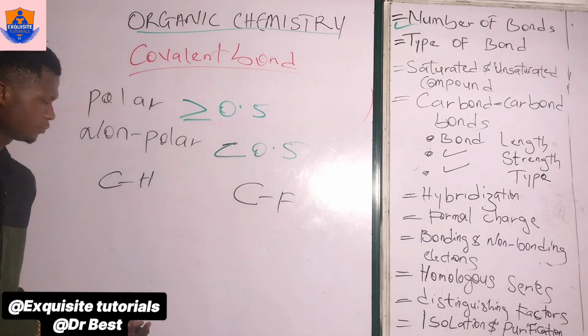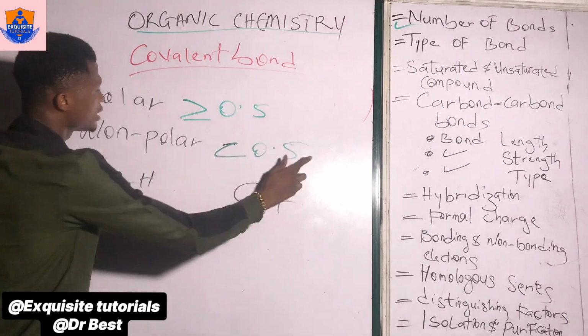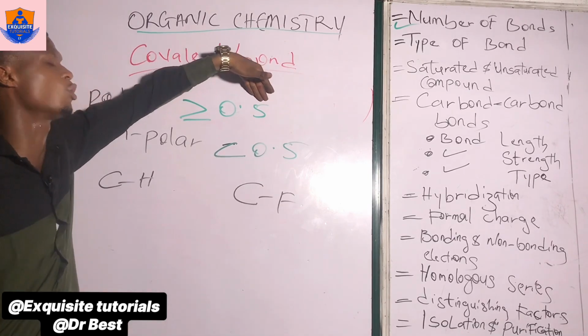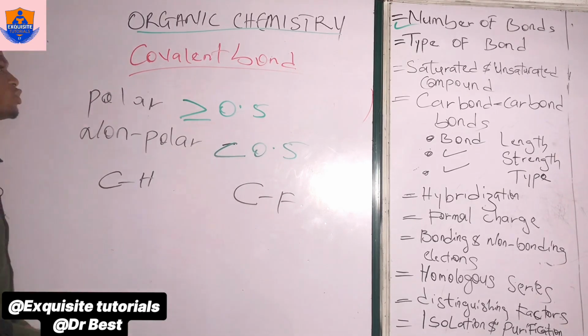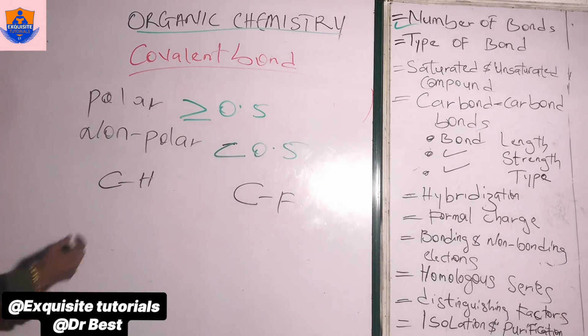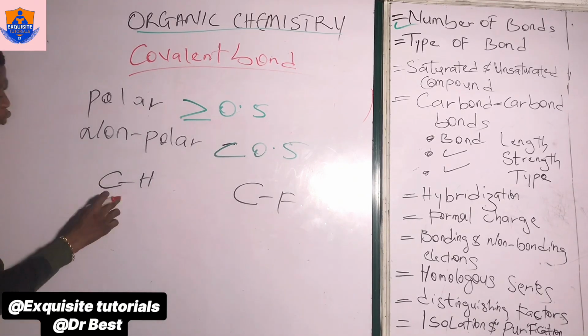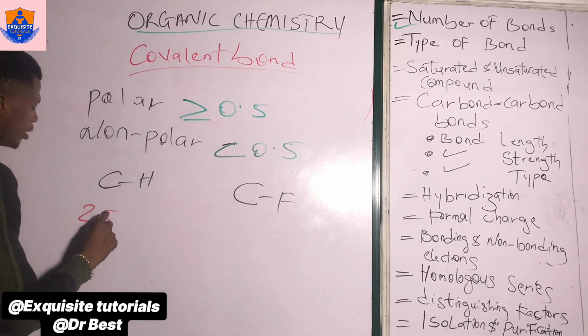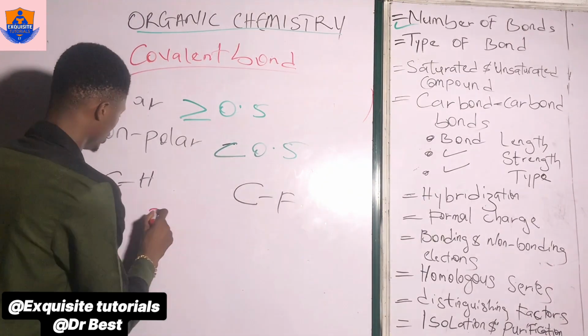Now, with the knowledge of this electronegativity difference being greater than or equal to 0.5 or less than 0.5, you should be able to tell me which is polar and which is non-polar. Now let's look at this. The electronegativity value of carbon is 2.5, while that of hydrogen is 2.1.